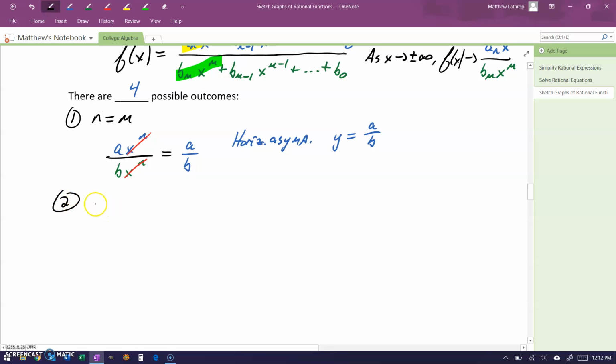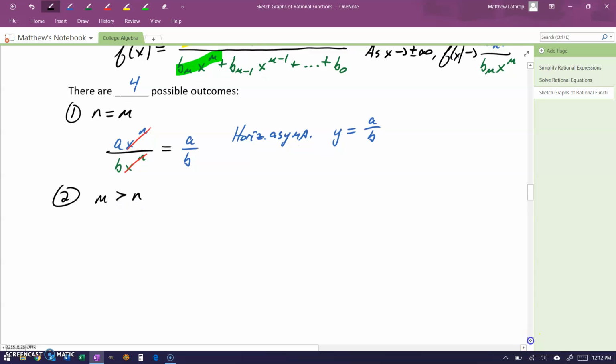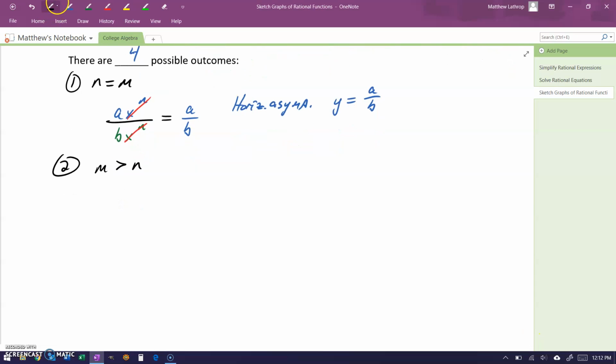In case 2, we have m greater than n, meaning the exponent for x in the denominator is larger. So if that exponent in the denominator is larger, we would say that our function is going to be approaching 0.